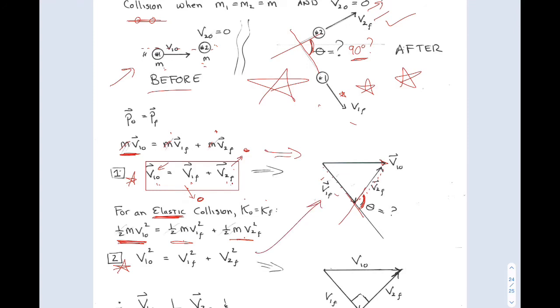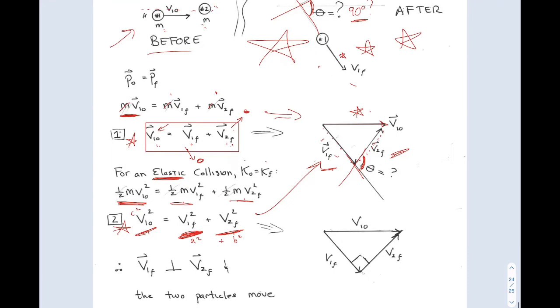But if I look at this triangle, this says that that side squared plus this side squared has to equal that side squared. So a squared plus b squared is c squared. The only way that expression can be satisfied is if that's a right angle.